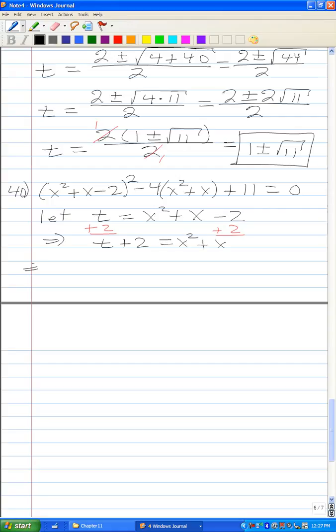And so x squared plus x minus 2 is just t. x squared plus x is just t plus 2. And so now in terms of the new variable, I have that equation. Let me multiply the negative 4 inside the parentheses.